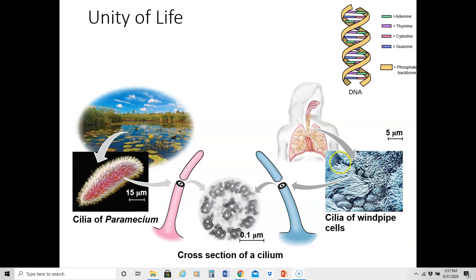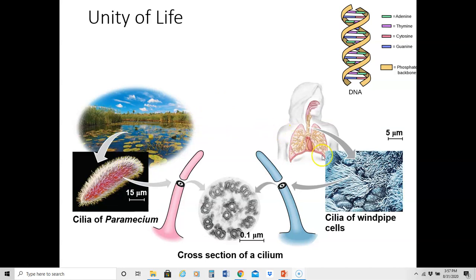When we look at evolution giving us an explanation for the unity of life, one great example is when you look at the structure of cilia across all living things. So Paramecium is a single-celled protist, and they have these tiny little cilia on the outside of their cell, which allow them to move.